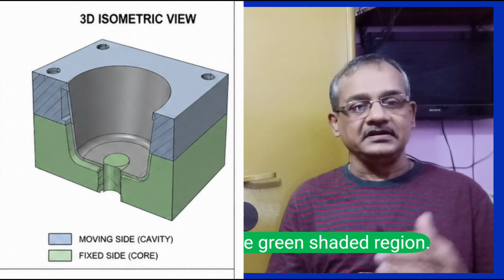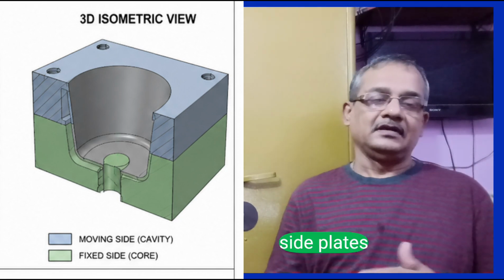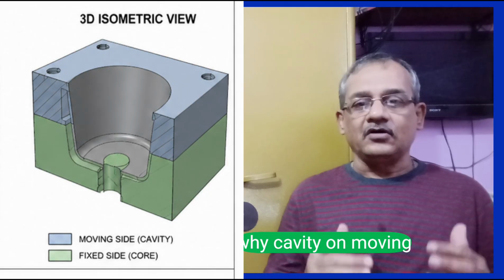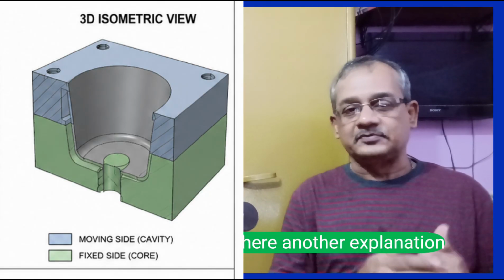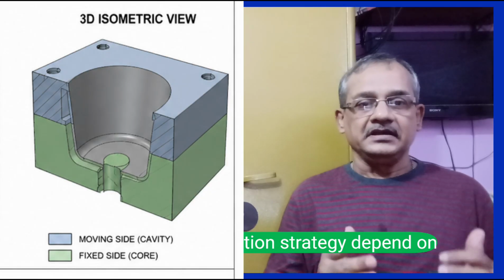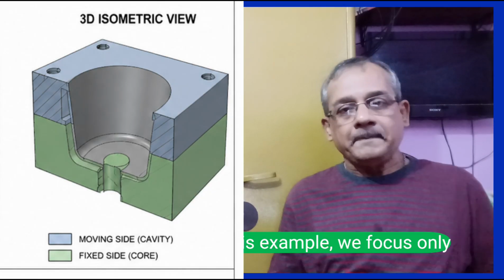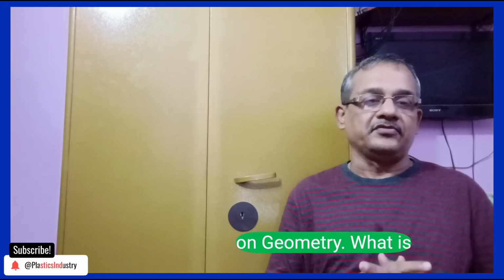Green shaded region is fixed side core plates. Why cavity on moving side here? Another explanation: product retention and ejection strategy depend on the mold design philosophy. For this example, we focus only on geometry.